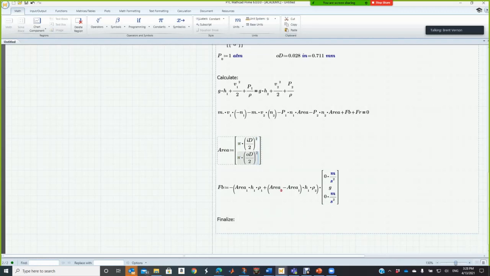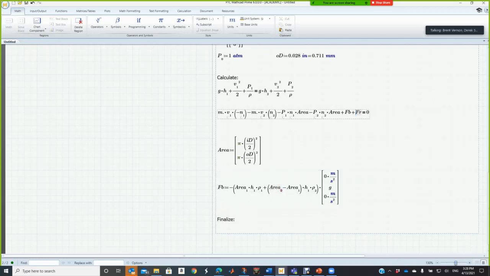If you want the volume of the plastic, you subtract off the volume. Area 1 times H is the volume of the fluid, and this other area times H is the volume all the way out to the outside of the tube. If you subtract the fluid from the inside, you basically have the volume of that shell of tubing on the outside of it. Does that make sense?